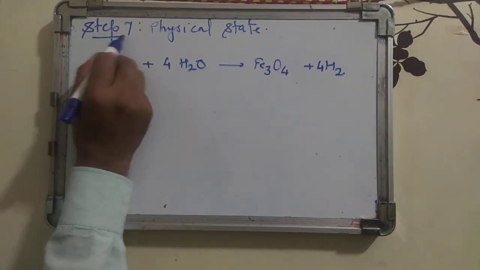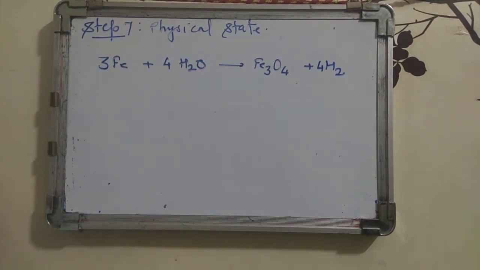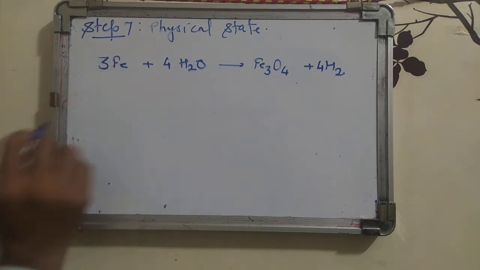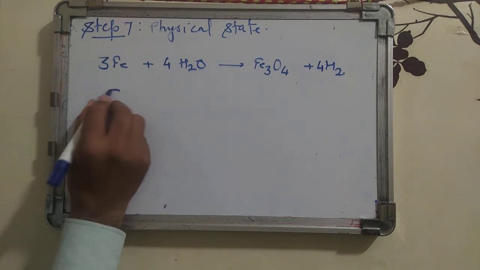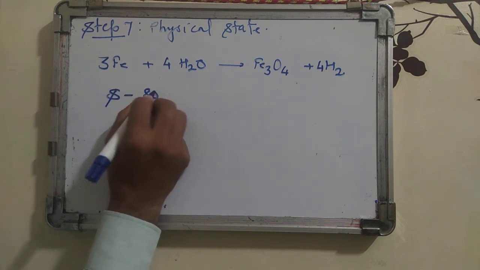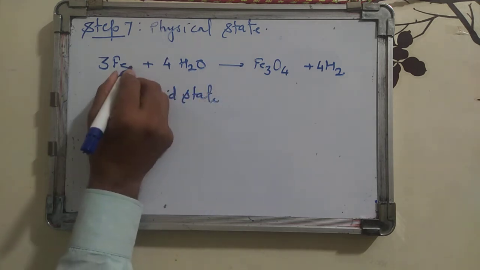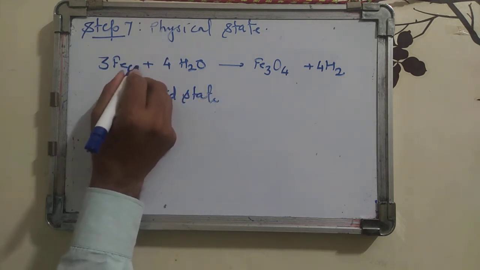Now see in step 7, where we need to mention the physical states of all the chemicals. Let's see, iron is always found in the solid state. So S stands for solid state. This we write as a subscript, a small s.